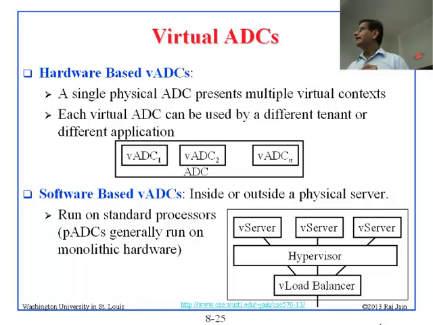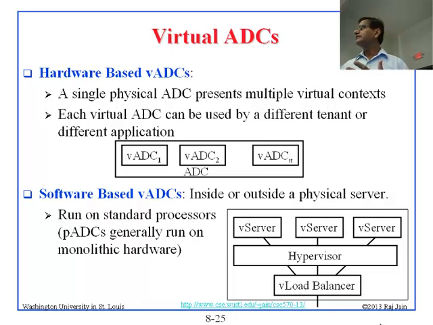Then they said, let's forget the whole hardware thing and put it in the software. So now these balancers are software pieces which are put inside the server. You see, this is hypervisor, this is your server. Servers are themselves virtual machines.